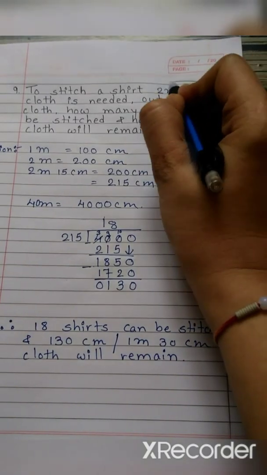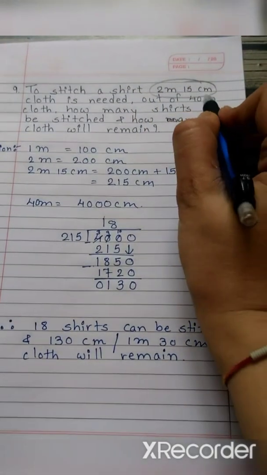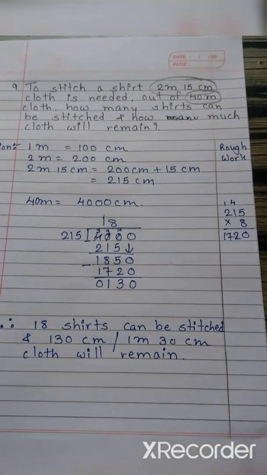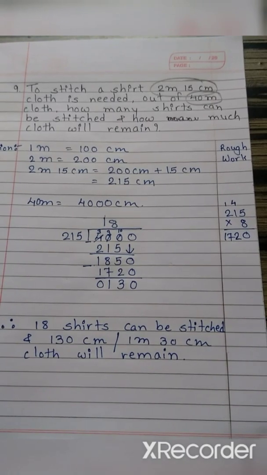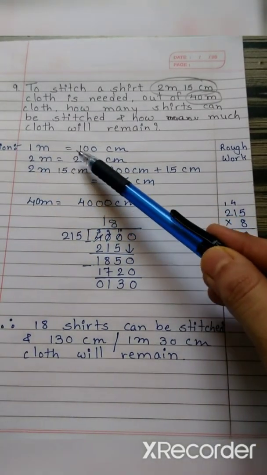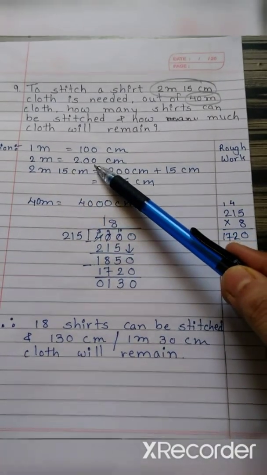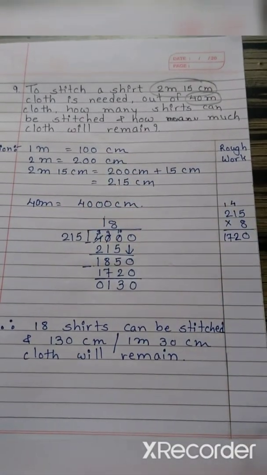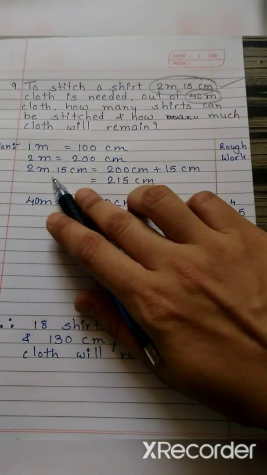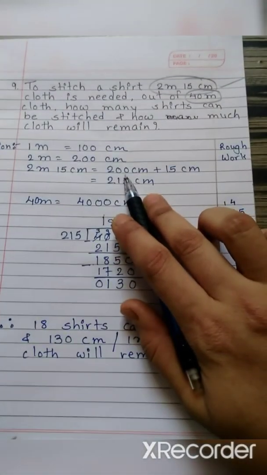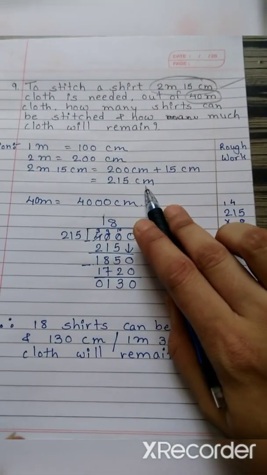First convert 2 meter 15 cm into centimeter and 40 meter into centimeter. Then we will divide. 1 meter equals 100 cm. So 2 meter equals 200 cm. Here we have 2 meter 15 cm, so 200 cm plus 15 cm is 215 cm.